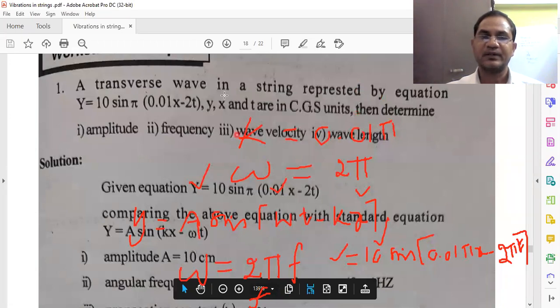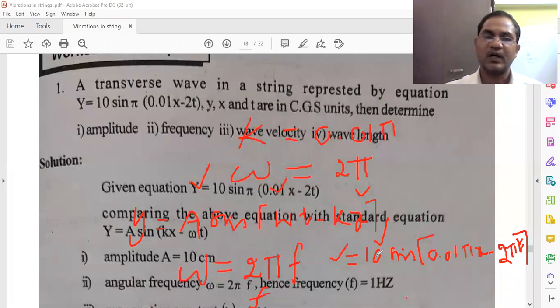Now f is equal to 2 pi by 2 pi. Cancel, so f is 1 hertz.